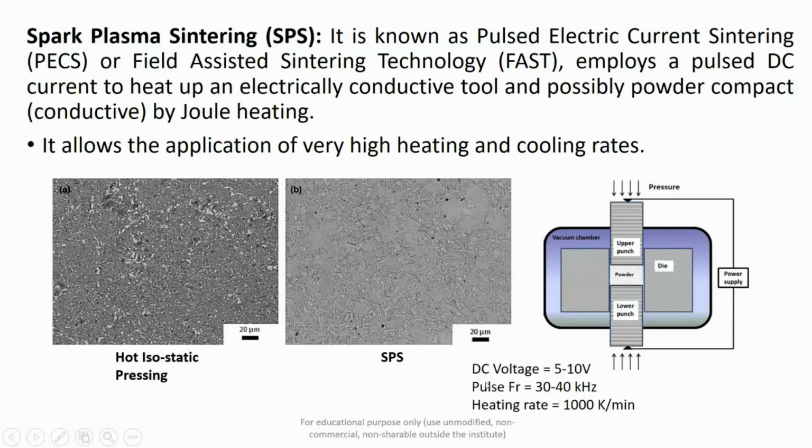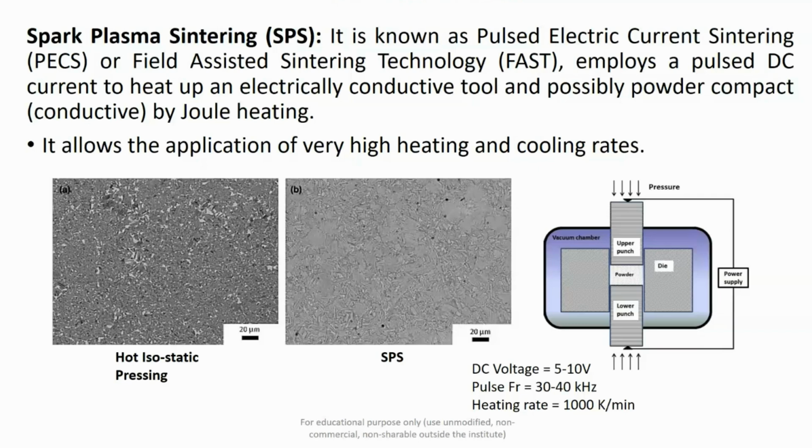However, the pulse frequency is very high as compared to the conventional frequency of 50 to 60 hertz. Here the pulse frequency is in the range of 30 to 40 kilohertz, and it results in electrical heating by the Joule heating effect, and you get a very high heating and cooling rate.